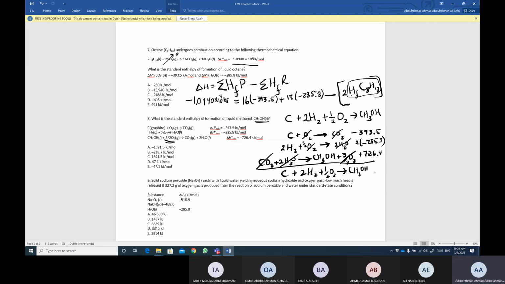Minus 238.7. Excellent. Can you see the answer? B.